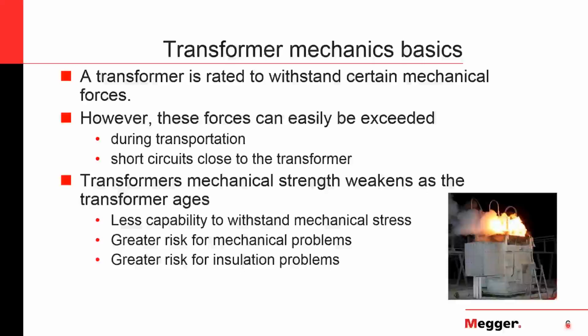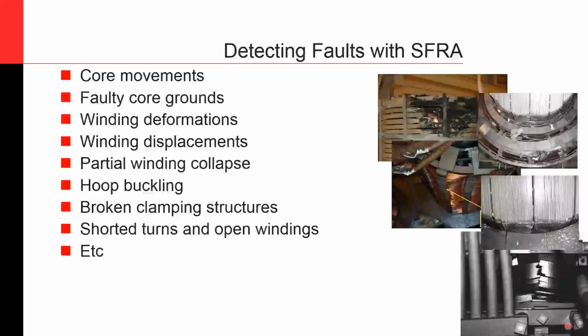And other things, of course, the insulation breakdown and different things like that. But basically, the mechanical strength weakens as the transformer ages. And as that weakens, you basically have less capability to withstand more mechanical stresses. So you have more risk of having mechanical problems, and you have a greater risk for insulation problems as well.